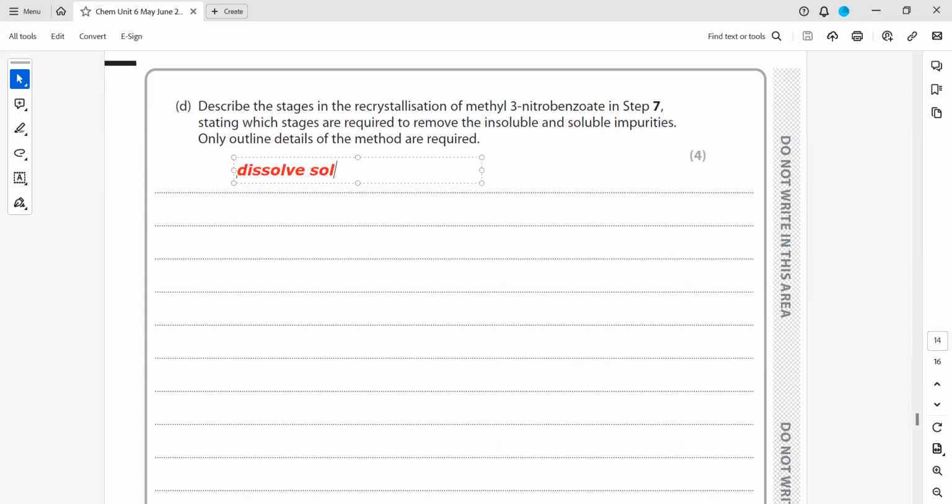So we should take a very small amount of solute and dissolve it in a hot solvent. In this case, as I mentioned, ethanol is used, so the hot solvent should be ethanol.